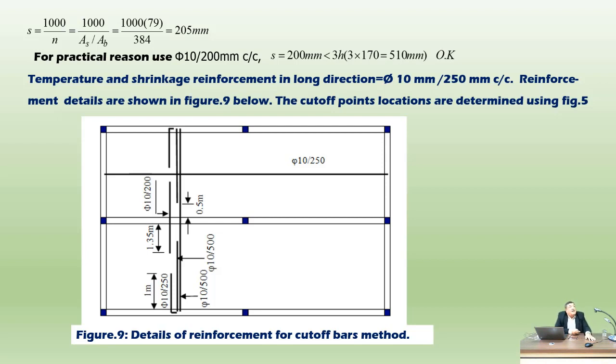Okay. Temperature and shrinkage reinforcement along direction equals 5φ10 over 250 millimeter center to center. Reinforcement details are shown in figure number 9 below. The cut-off points locations are determined using figure number 5 mentioned previously. In figure number 9, the details of reinforcement for cut-off bars method are shown.